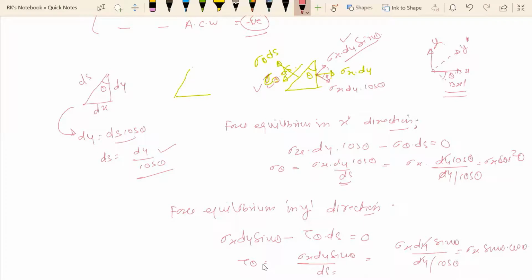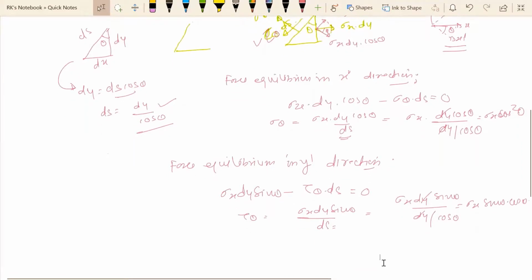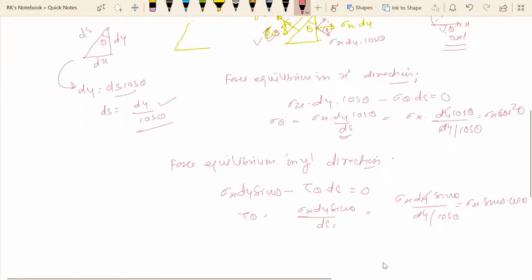We can write tau theta is equal to 1 by 2 sigma x sin 2 theta, since sin theta cos theta is 1 by 2 sin 2 theta.